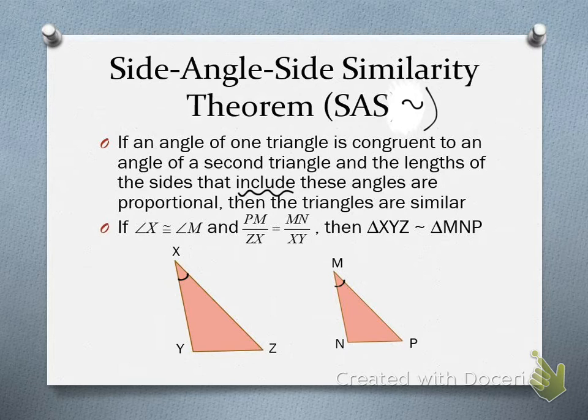We had to use sides PM and MN because those are the ones that make up angle M. We had to use sides ZX and XY because those are the ones that make up angle X. Okay, there's really no way of marking proportionality in a diagram, so there's really nothing for us to put on those sides. I would not put little tick marks because these are not necessarily congruent.